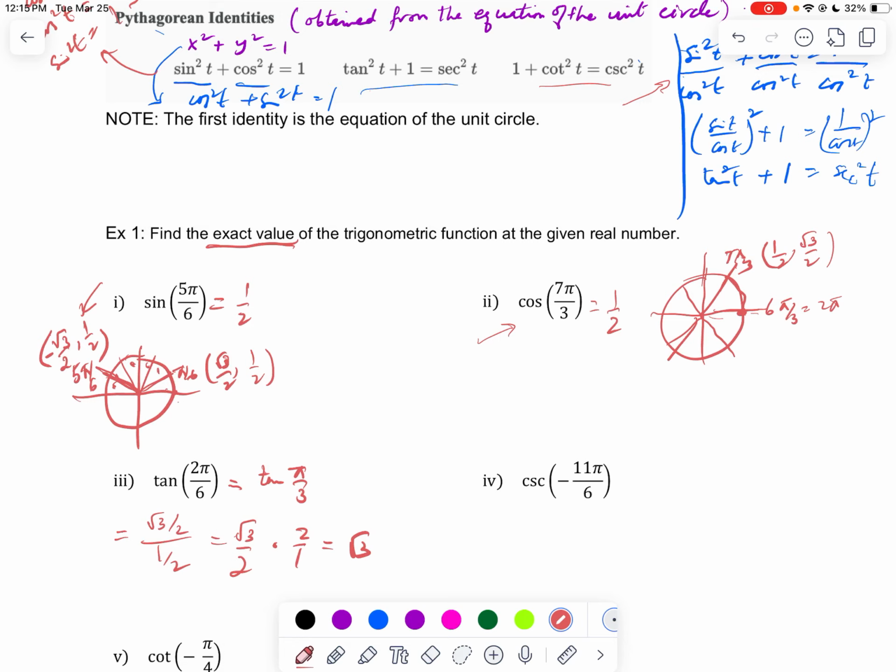So the pi over 6, pi over 6. So how many pi over 6s do we have in the whole circle? We have 12 pi over 6. But now we are moving in the clockwise direction.